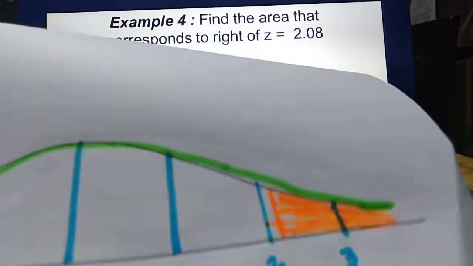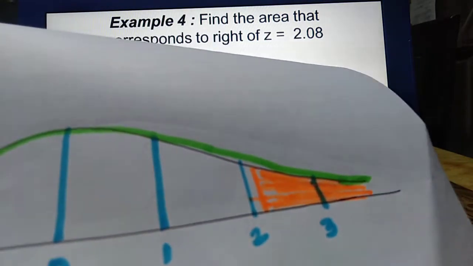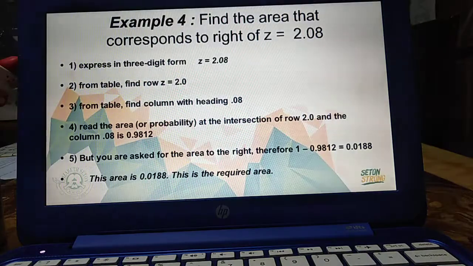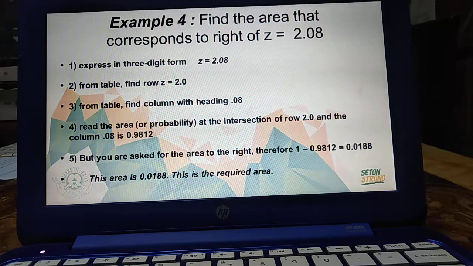But we are looking for the area that corresponds to the right. So from our earlier discussion, we note that the area of the whole curve is equal to 1. So we now subtract 0.9812 from 1, giving us 0.0188. This is now the required area.